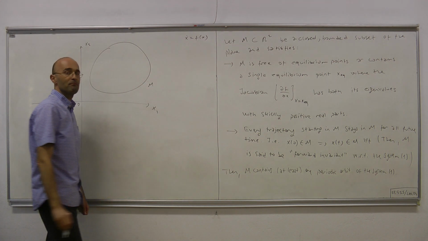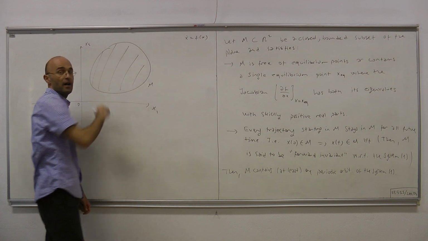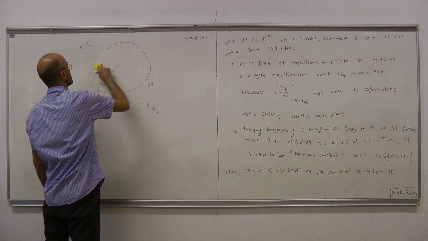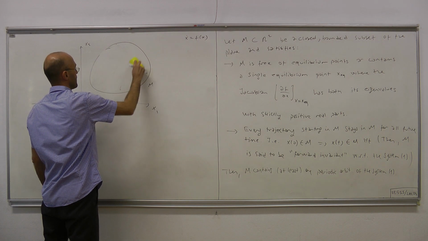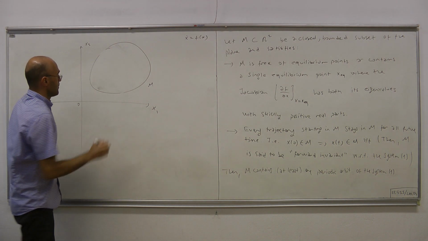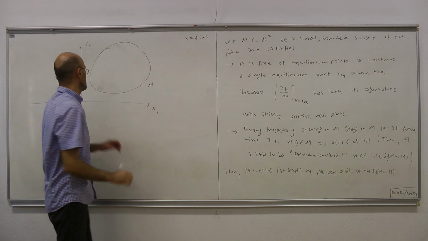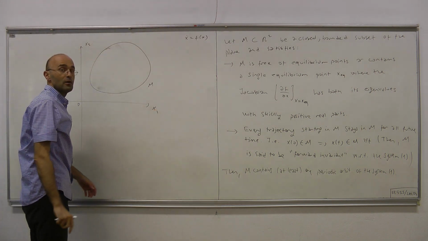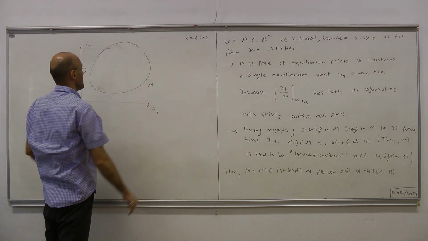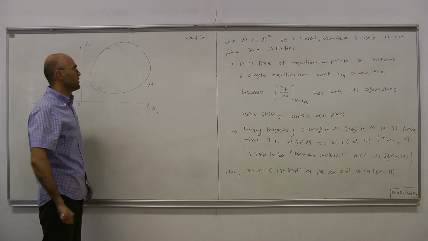Let this be M. What's inside this region is what we're calling M. It must be closed and bounded. Bounded means you can find a disk large enough that it contains M. That's what we mean by a bounded subset.